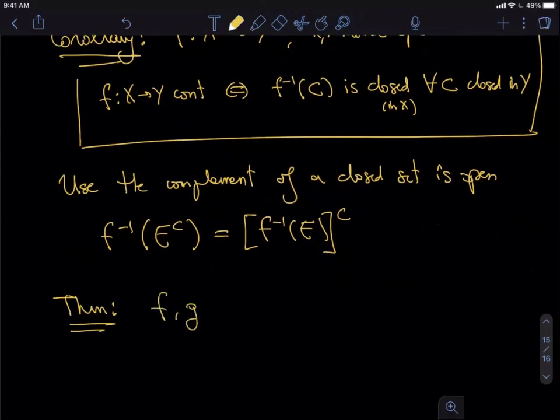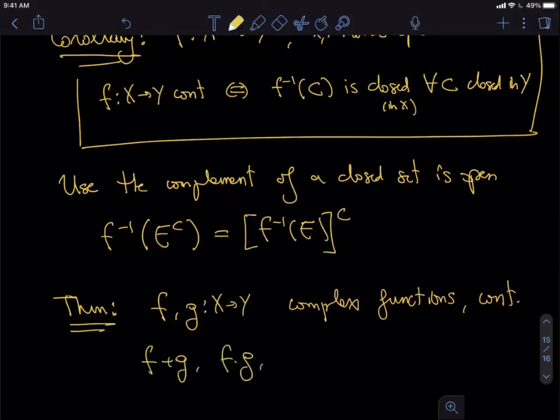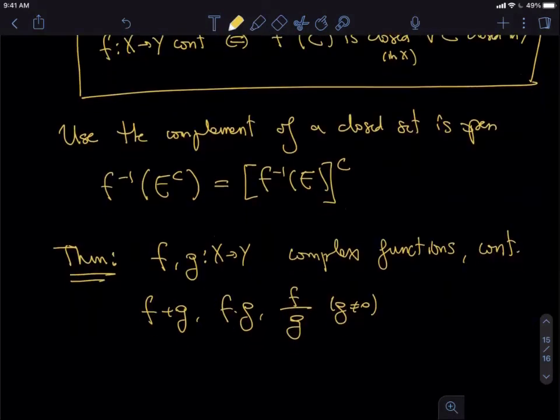When we have complex functions, and they are continuous, let's say both of them go from a metric space X to Y. So what we have is that the sum, the product, and the quotient, for the quotient as long as the function is not zero, those are all continuous.